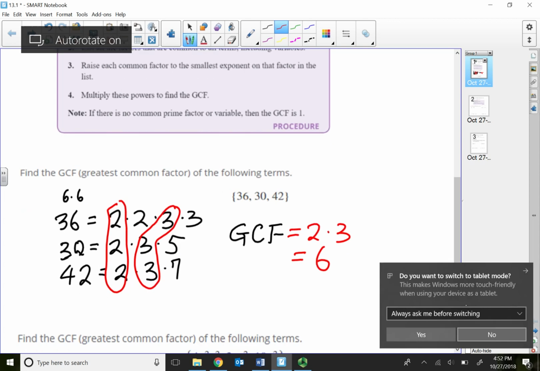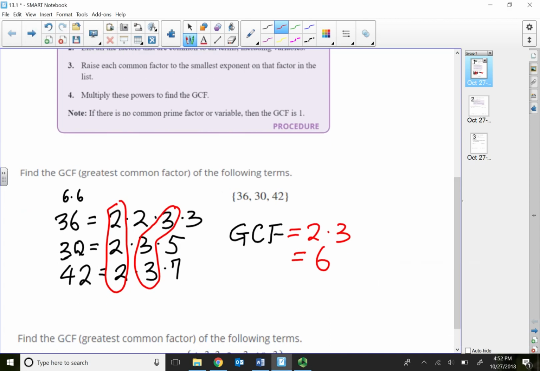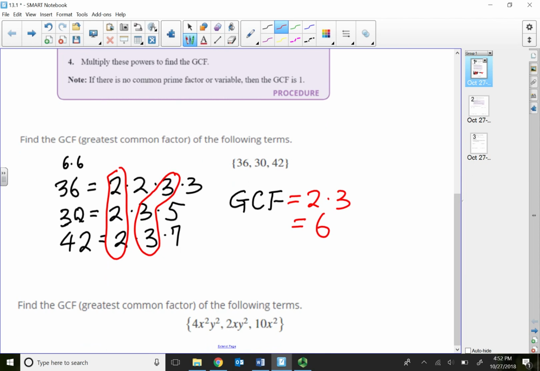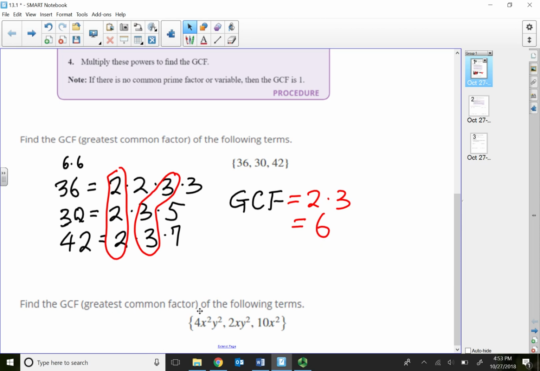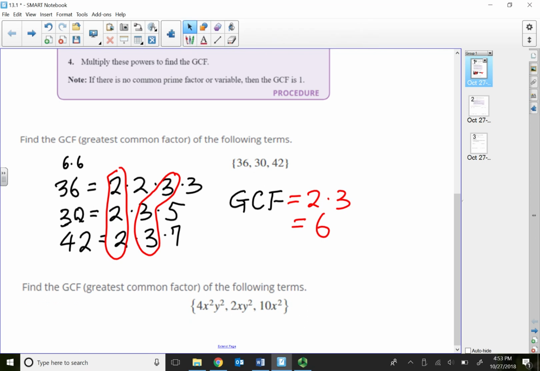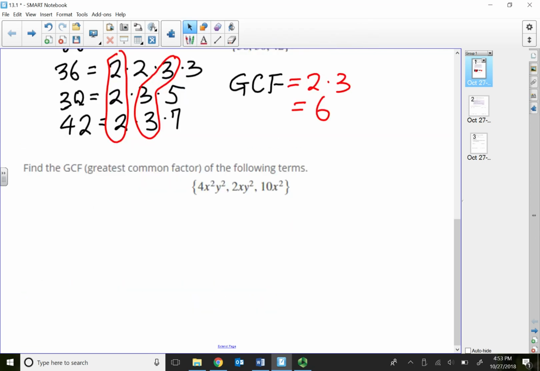All right. So let me do an example involving variables. Here I have 4x squared y squared, 2x y squared, and 10x squared. The greatest common factor is about finding the repeated factor between all the terms.